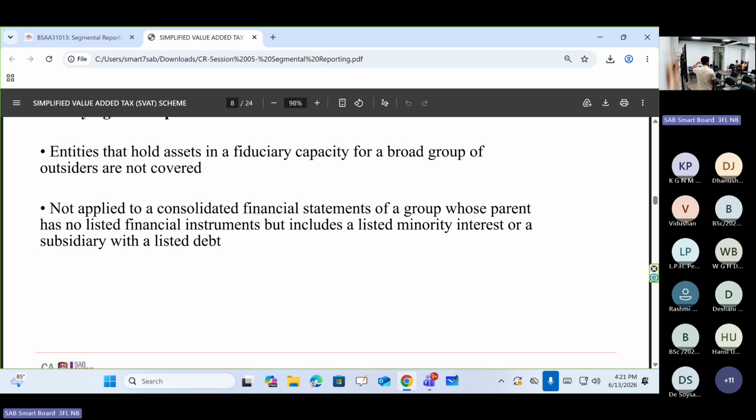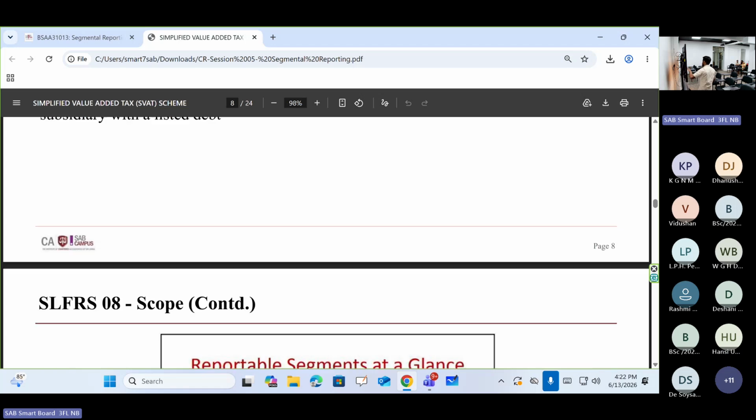They have not issued any debt, debenture or equity instrument in a listed stock market. If an entity issues debt or equity in the stock market, it should give segmental information, if you remember that.